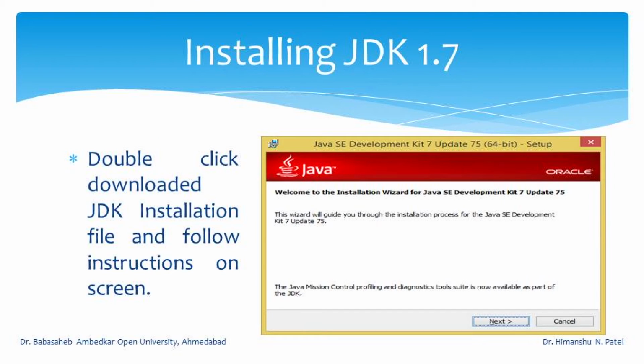Once you download this executable file, then you have to double click this downloaded file and it will start installing JDK 1.7. When you double click that executable file, it will show a screen similar to this, and here you have to press next button to continue your installation.